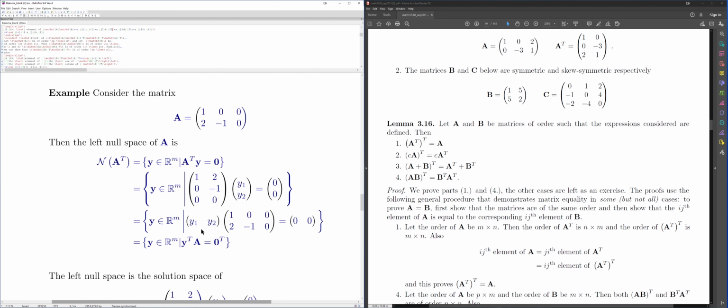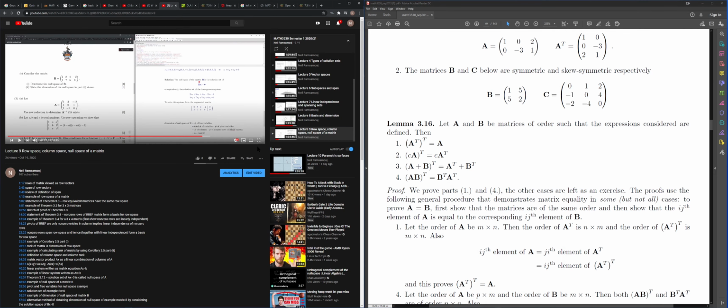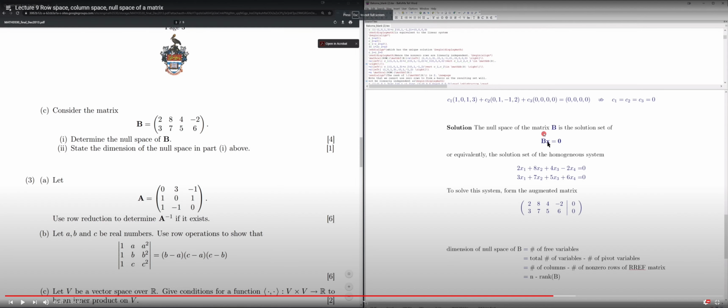Okay, so what you're trying to do is find a solution vector over here such that when you multiply on the left hand side now, right? And again, one more time, if you're doing normal null space, you're trying to get solutions when you multiply a vector on your right hand side of the matrix.